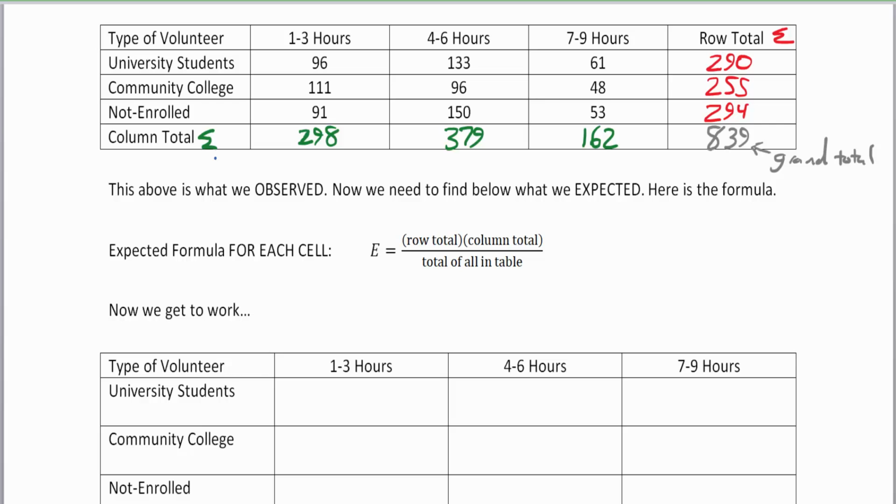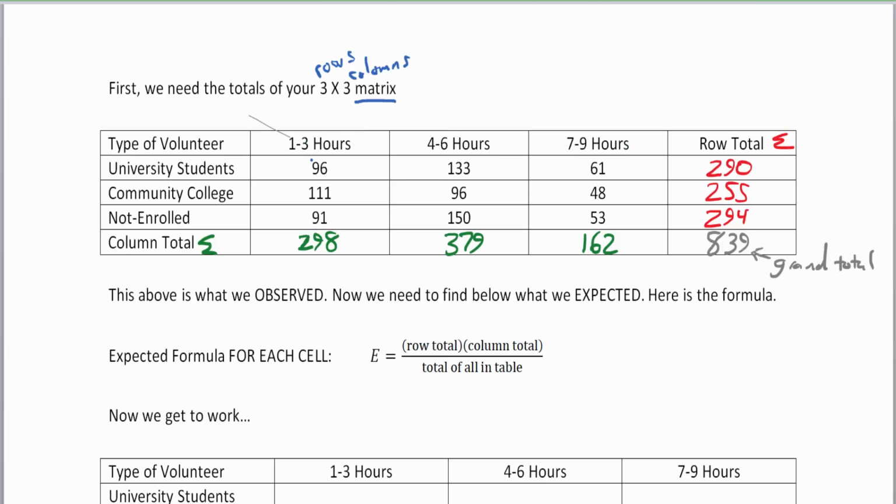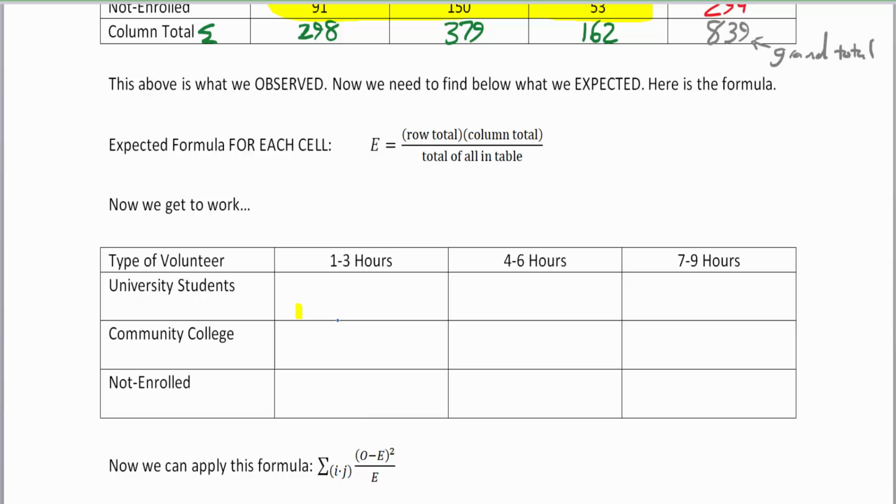This is like a 2-part process. We've got the observed minus expected divided by expected, and we know our observed by looking at all of these numbers here. The yellow numbers here are the observed, okay? Yellow is observed, so we're going to mark that as yellow right there.